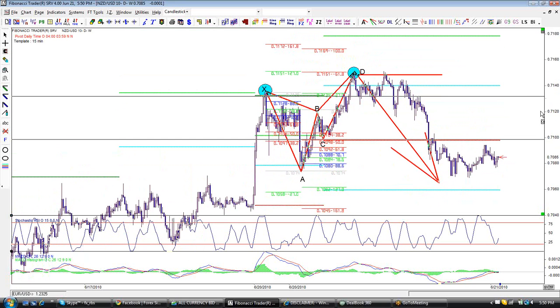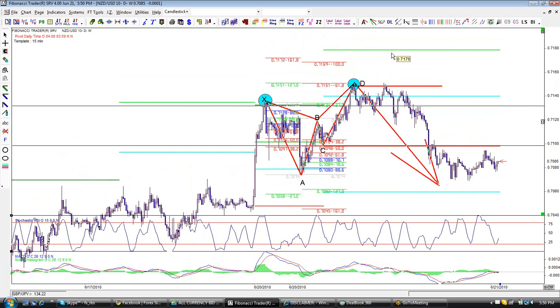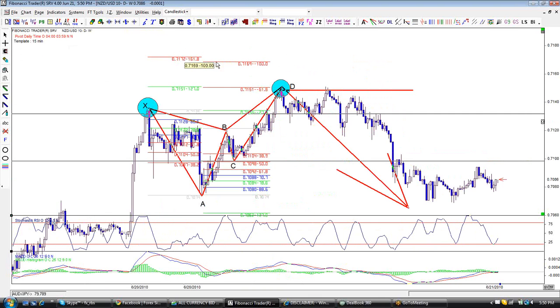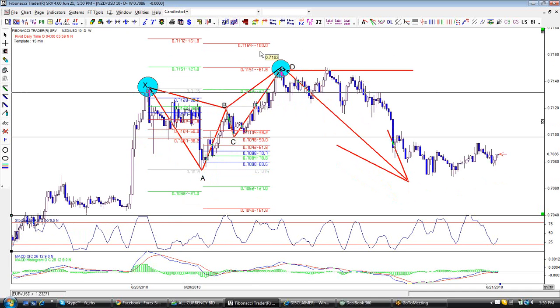Now in this case, the next pivot is above the 1618, so we won't be using the pivot line as our stop. We will be using the 1618. So stop goes above 1618.